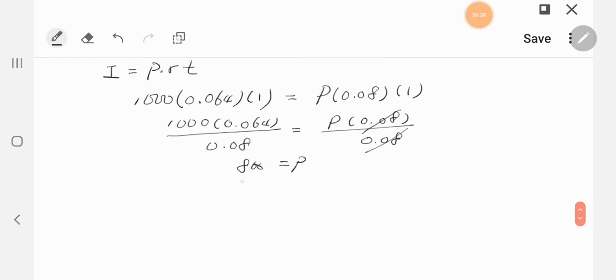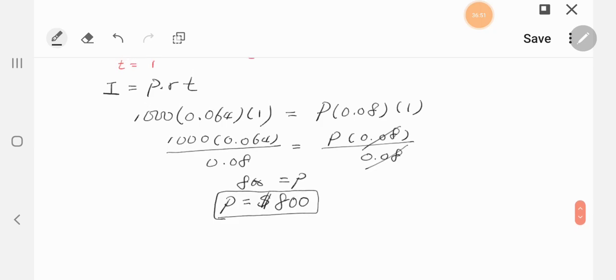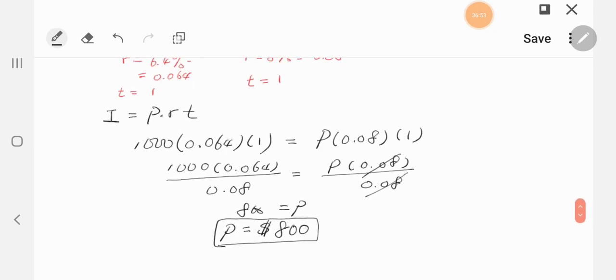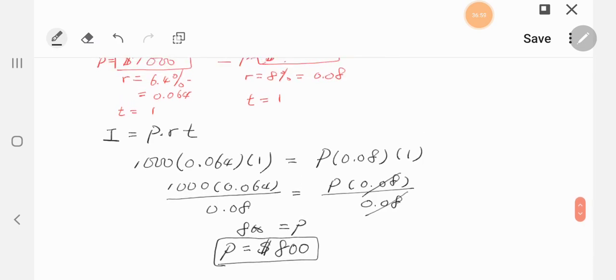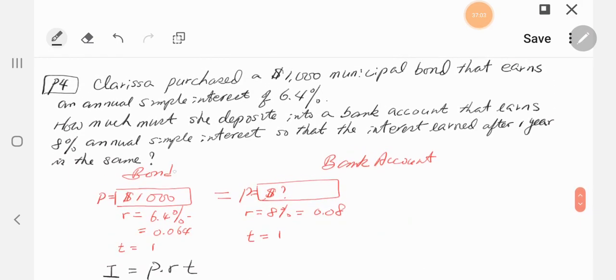So when you deposit $800 to the bank account with 8% annual interest rate, that will be $64, right? 8% of this 800 is $64. So that amount is the same as the amount that you earn from the municipal bond.